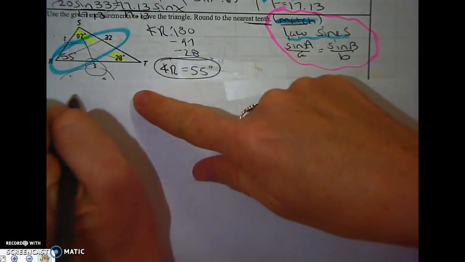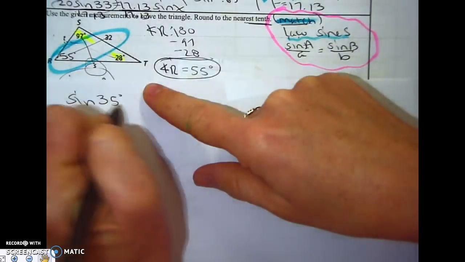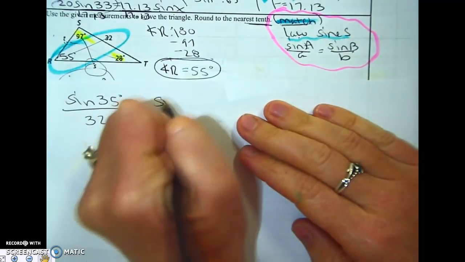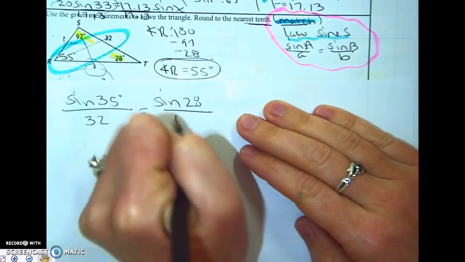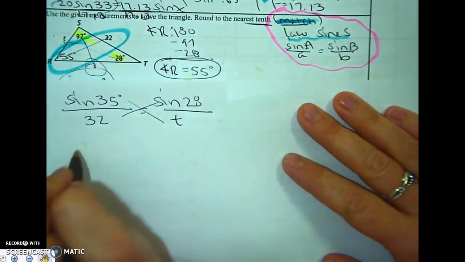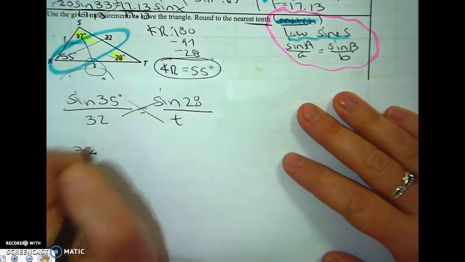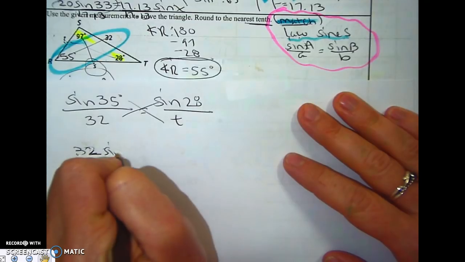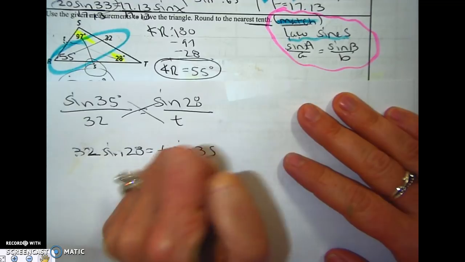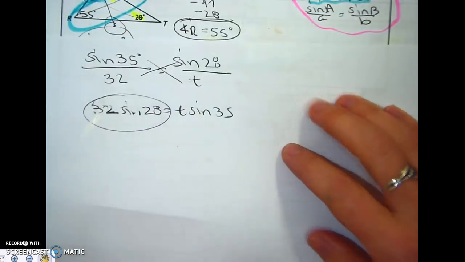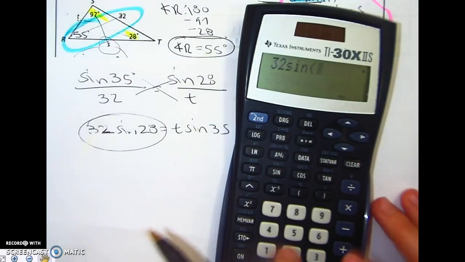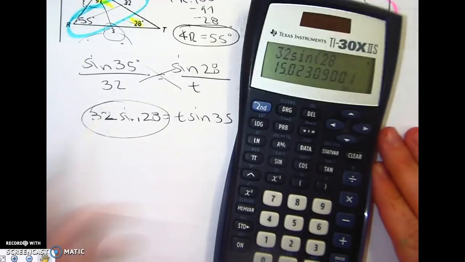So I'm going to go the sine of 35 degrees over 32 equals, I'll do 28 because I feel like it, over the length of t because that's what's across from it. Make an x, multiply what touches, 32 sine 28 equals t sine 35. So in my calculator, I'm going to do 32 sine 28. And I get about 15.02.